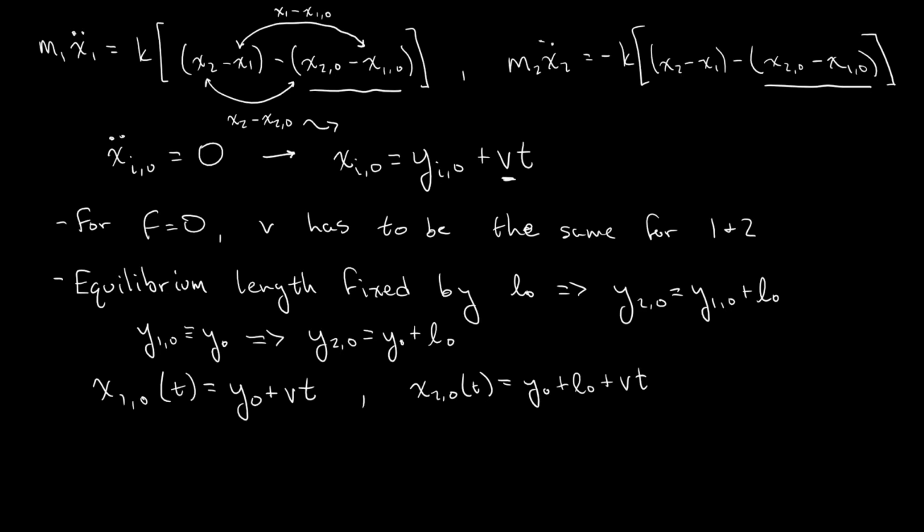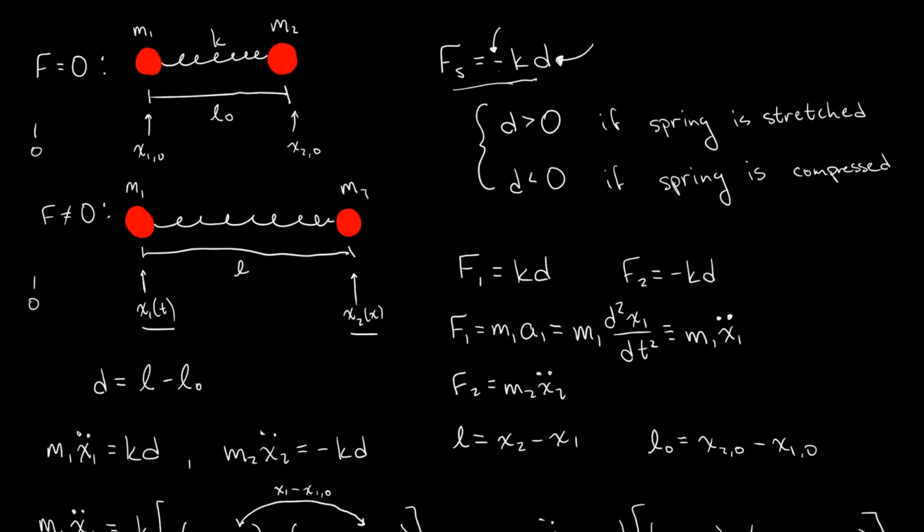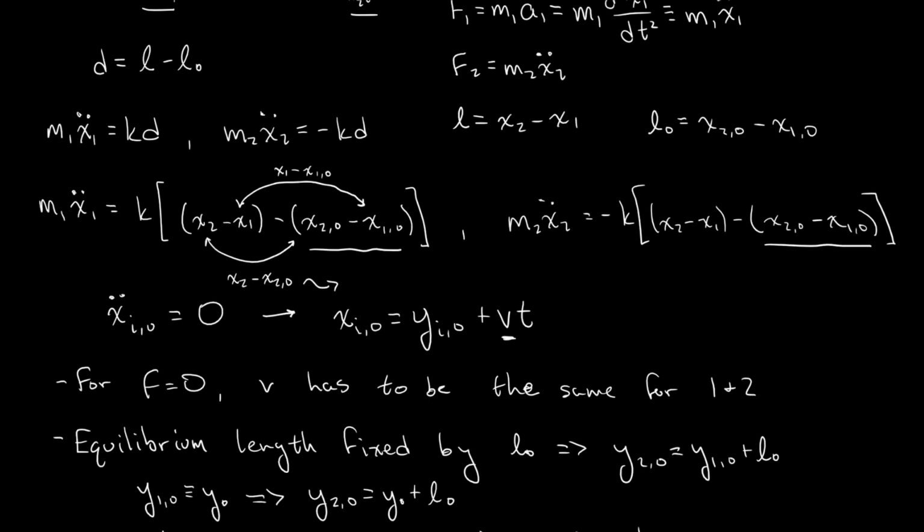This is the displacement from equilibrium. x1 minus x1,0 just tells me how far away from x1,0 that x1 is. So that's just my displacement from where the mass wants to sit at equilibrium.